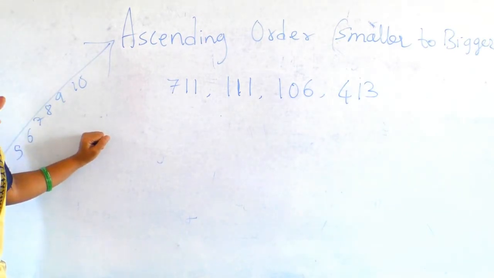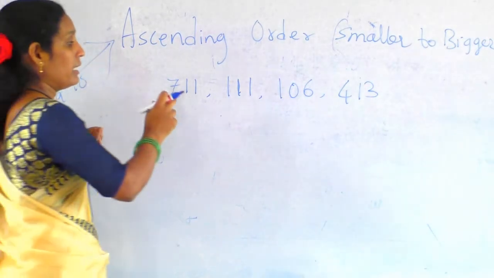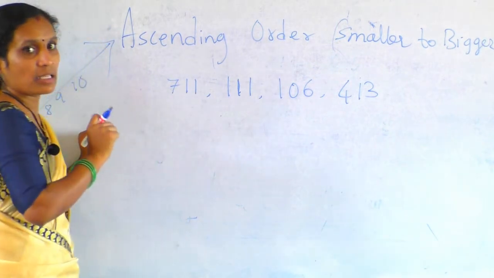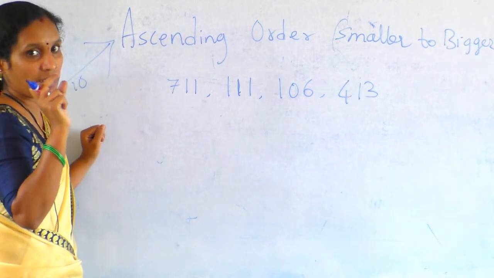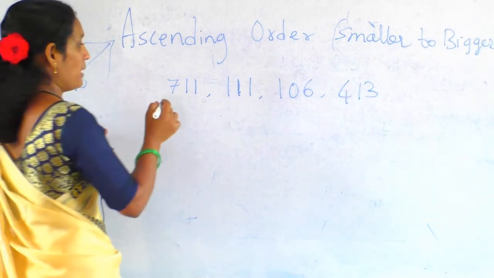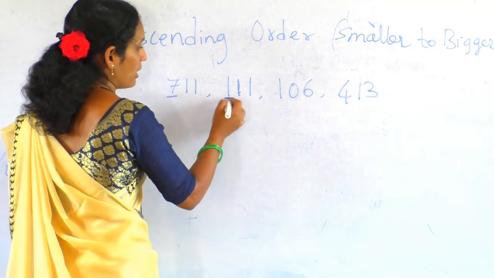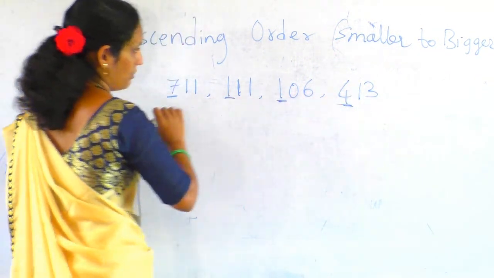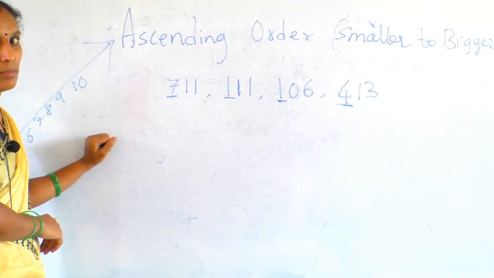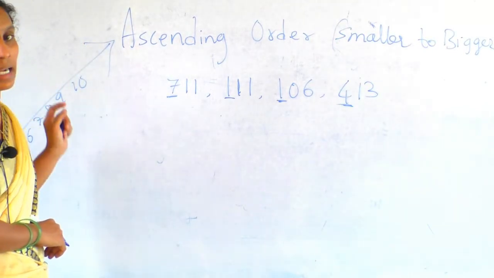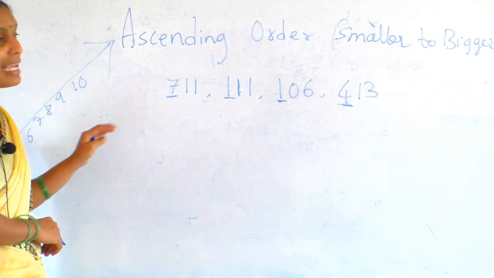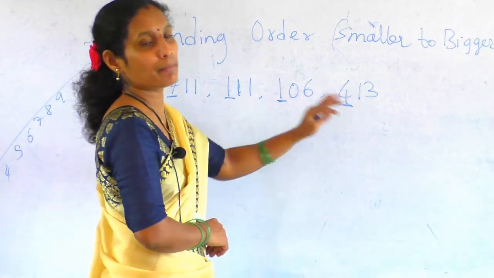I already told you to check the digit, which place has the smallest number. See, it is 100 place, 100 place, 100 place, 100 place. But which has a smaller 100s place?